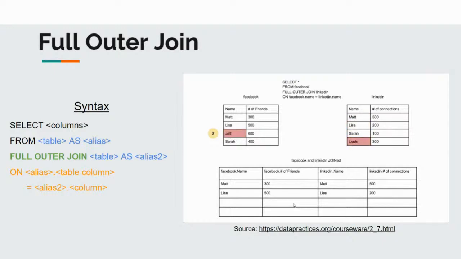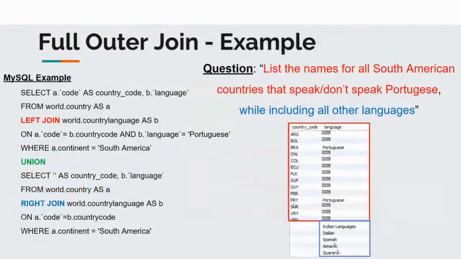Let's go ahead and see an example of this. Full outer join example. This one actually includes a union in it because this is another way of doing a full outer join. It's actually a combination of a left join and a right join.